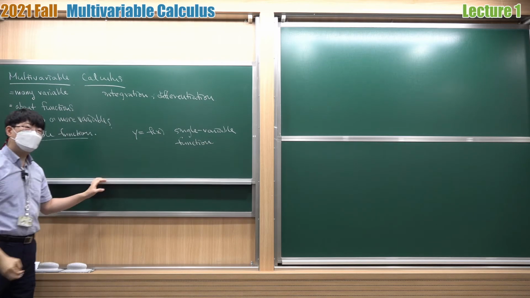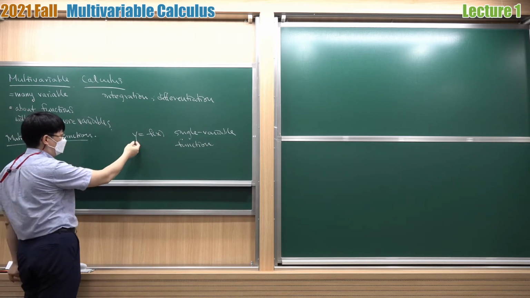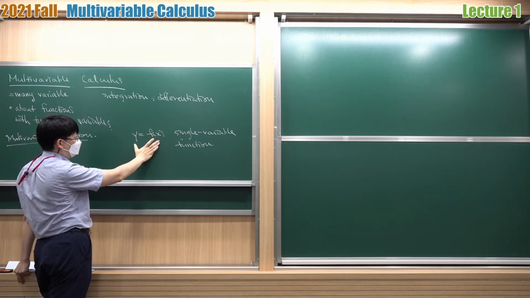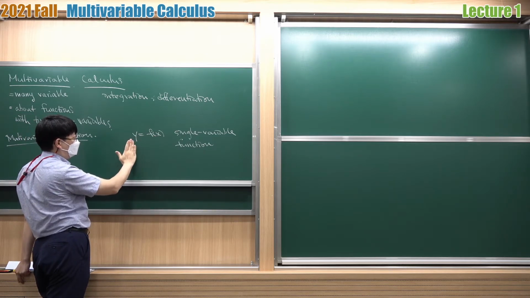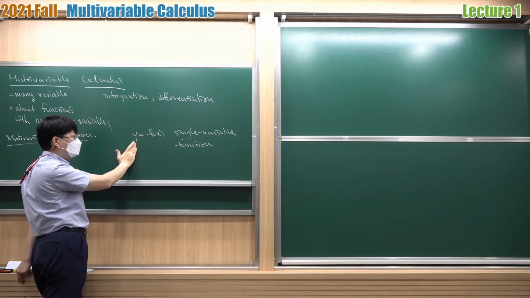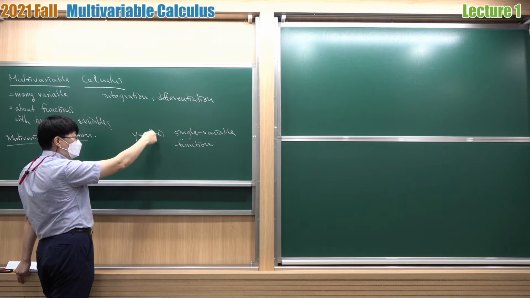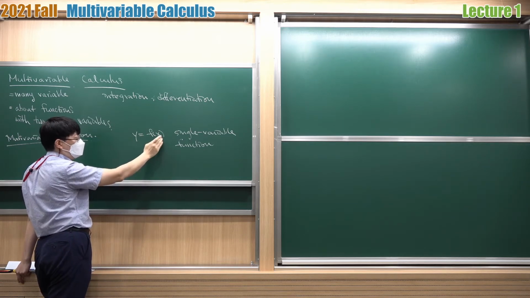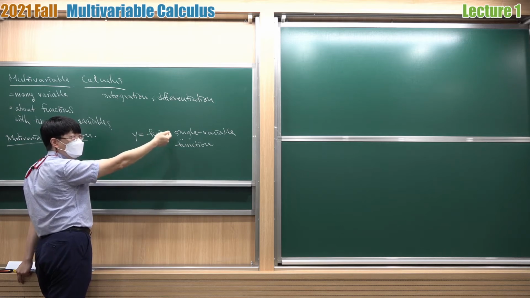Multivariable means that not only do we have two or more variables across the independent and dependent variables, but also on each of the independent side and dependent side, the number of variables can be more than one.